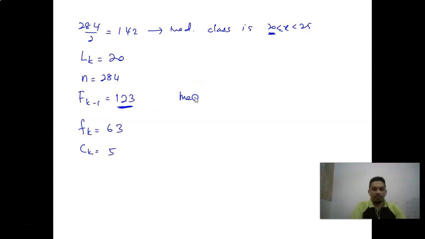Now, median equal to the lower boundary of the class, 20, plus 1 over 2 of 284 minus 123, divided by 63, times 5.